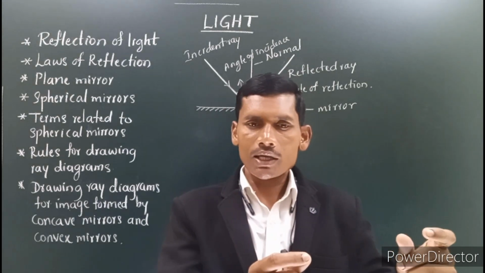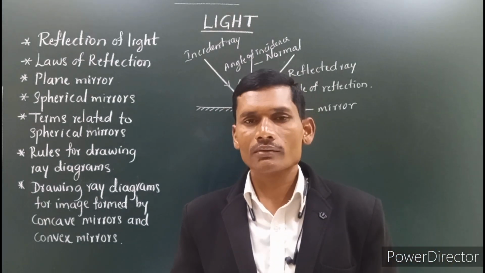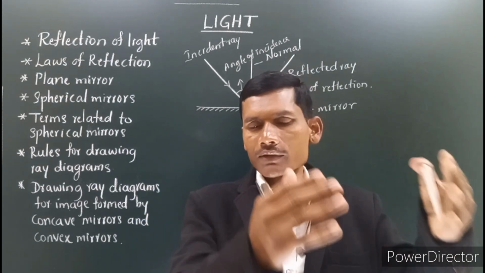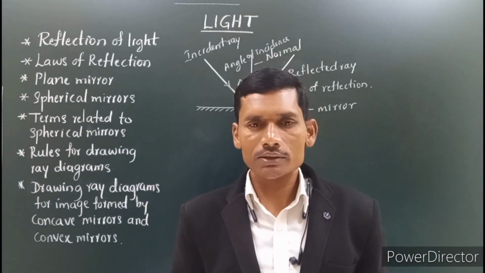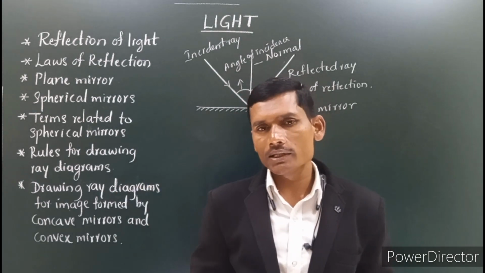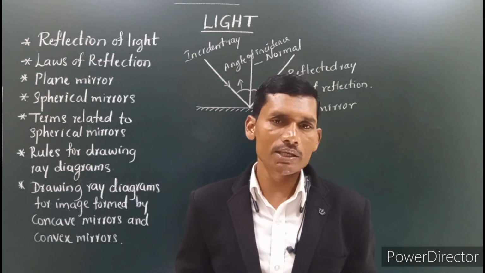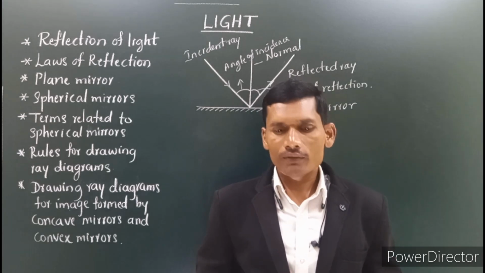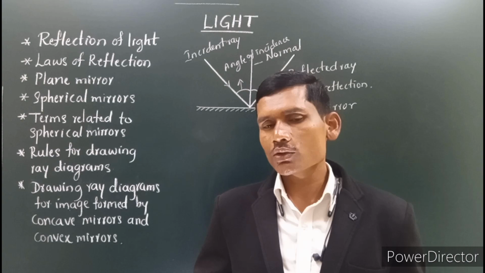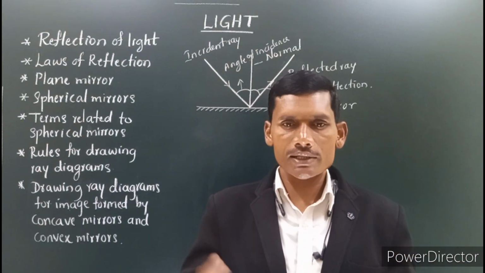Compare the size of the image you see and the size of your body. The one standing in front of the mirror is called the object, and the reflection we see inside the mirror is called the image, right? When we are standing in front of the mirror, we are the object. When we look into the mirror, we find ourselves in the mirror.